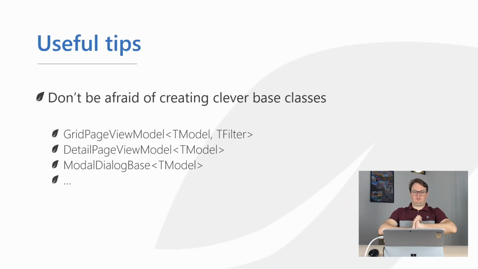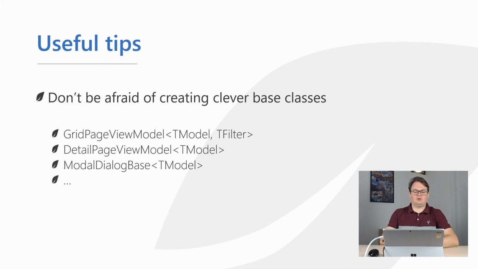So some useful tips. Because the view models are written in C#, then it's also easy to use base classes and with generics and things like that. So if your application should contain hundreds of these grid detail pages, you will find out that it's quite easy to create a base class, for example, grid page view model, detail page view model, with some generic parameters for the data models.